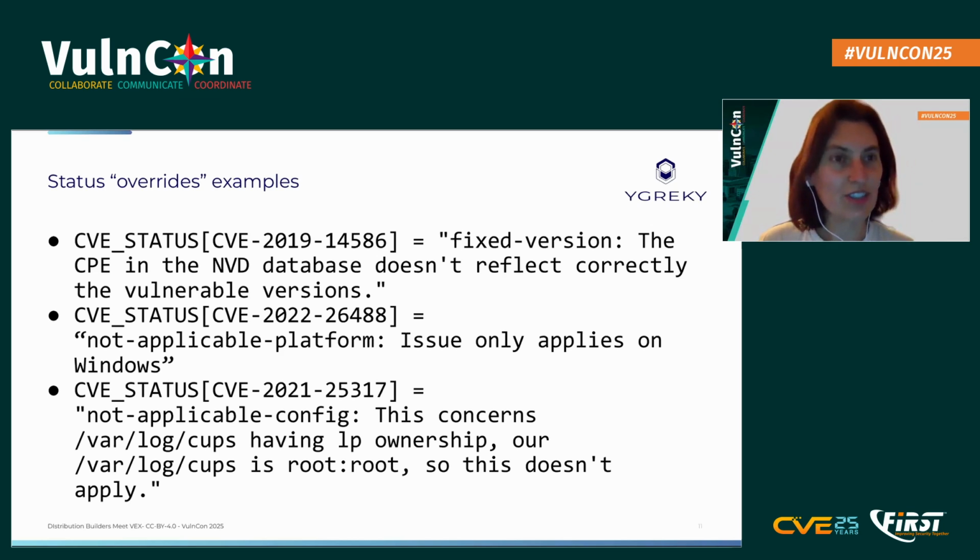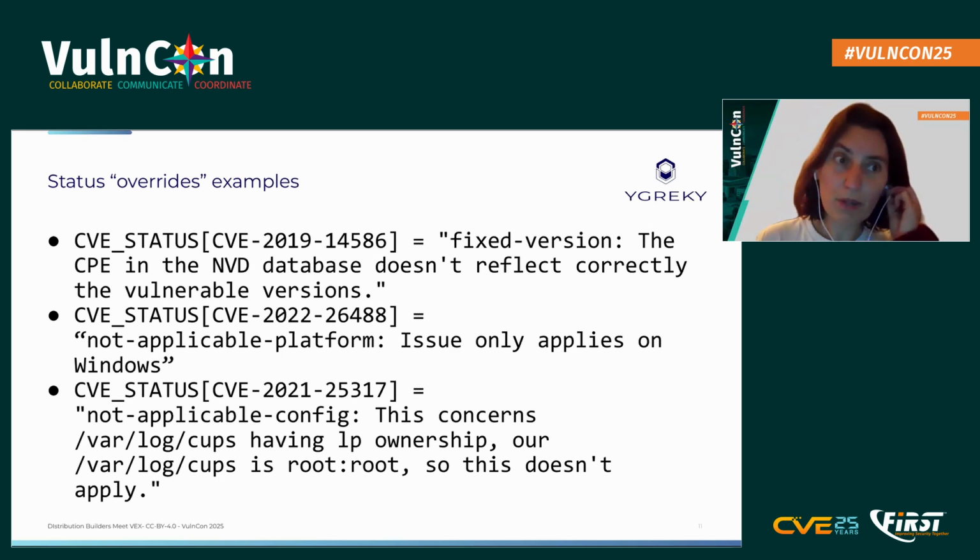The collection of data is quite a long work. So, for example, we have the first CVE just saying that the entry in the NVD database is incorrect. So this CVE doesn't apply.